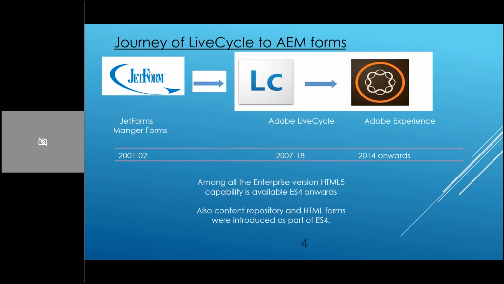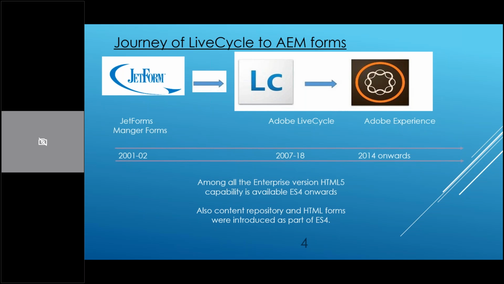Remember CQ5? CQ5 is what became AEM, which you are already learning, correct? So CQ5 actually became AEM. CQ was a parallel product working alongside Adobe Lifecycle. The stack of Adobe Lifecycle was Java, JEE itself, and nothing else.